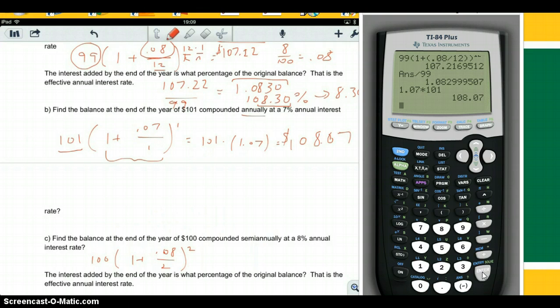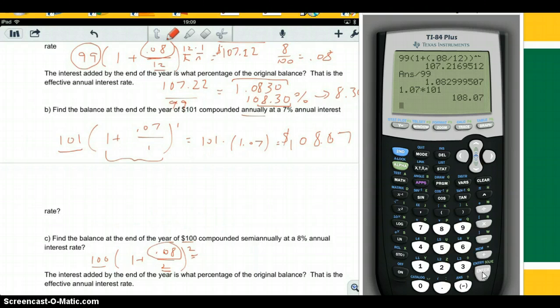Okay, and so find the balance at the end of the year of $100 compounded semi-annually at an 8% interest rate. So the difference here is it's 8% instead of 7, so we have 8%. Semi-annually, k is 2, so we have 2 there and 2 there. And the beginning balance is $100, so it's 100 there. Okay, so let's do this one.